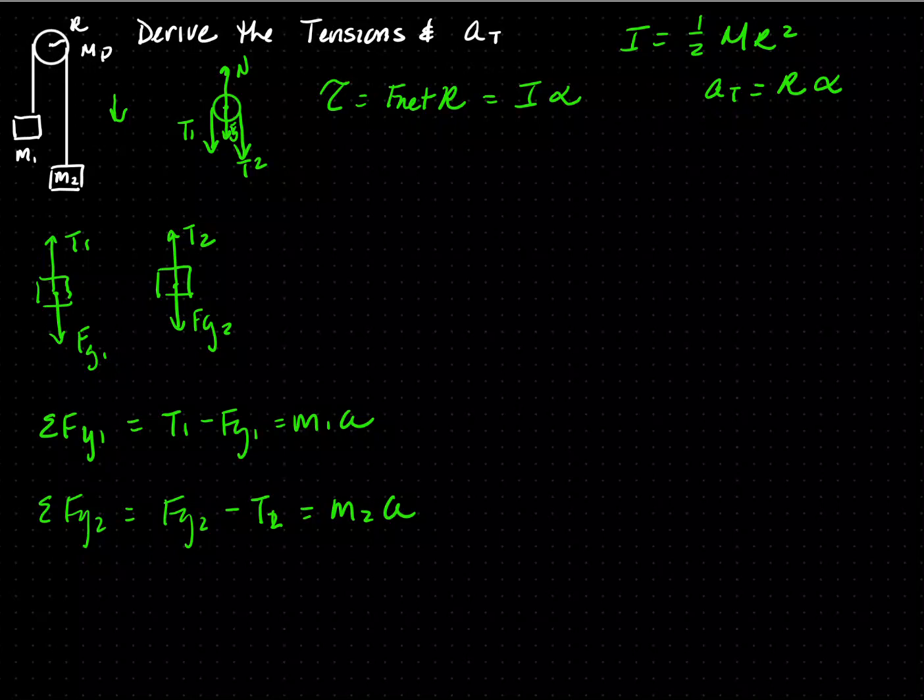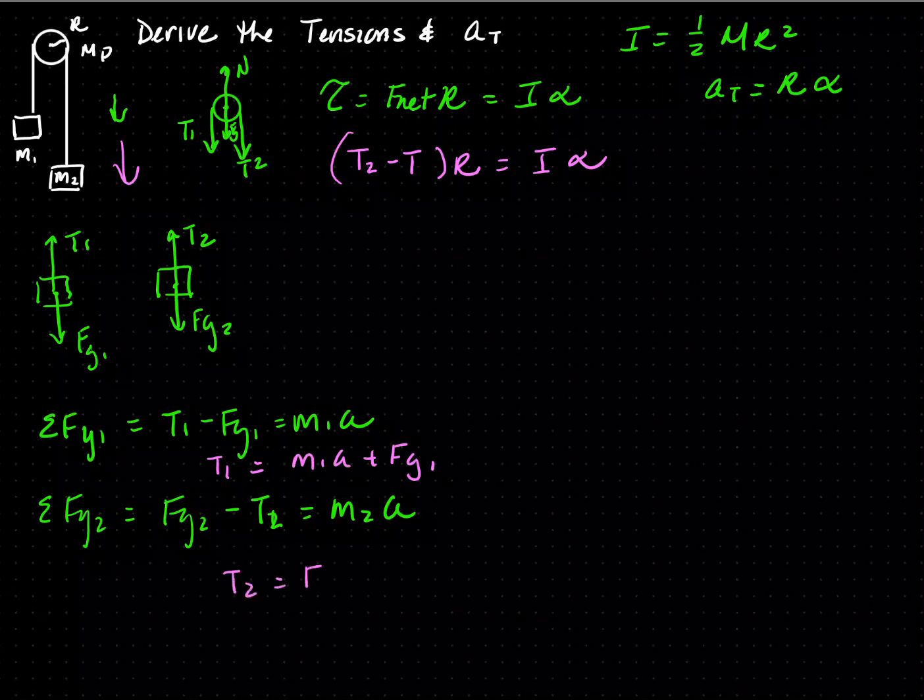Now I'm going to plug in for F net. Since mass 2 is going down, I'm going to make the positive direction going down. So this is going to be T2 minus T1 times R. This is equal to I alpha. T1, if I solve this, is going to be M1A plus Fg1.